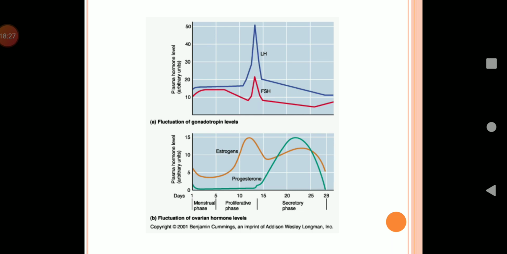Because these hormones play a major role, they have certain functions. The follicle stimulating hormone stimulates follicular growth and stimulates estrogen secretion, whereas the estrogen hormone helps in the development of the endometrium and also stimulates luteinizing hormone secretion in the follicular phase. And the luteinizing hormone causes ovulation and also the development of the corpus luteum, and stimulates progesterone secretion.